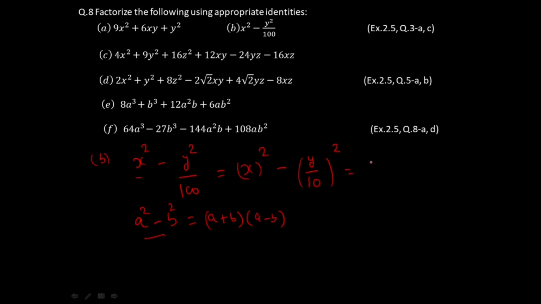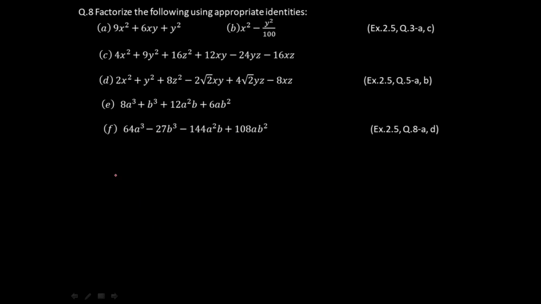So my answer will be (a plus b) times (a minus b). My answer, that's it. That's called factorization. So this whole question which was given to us is factorized, equal to the product of these two things. That's called factorization. Let's pick the third part.